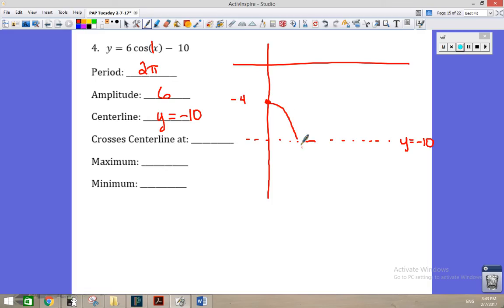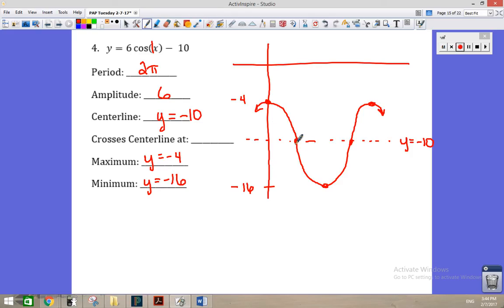And my graph is going to go like this for cosine, then come down here, then come here, and then come here. And that's one period. That pattern is going to continue. If I'm 6 units below -10, I'm down here at -16. So my maximum is y equals -4. My minimum, the lowest point, is y equals -16.